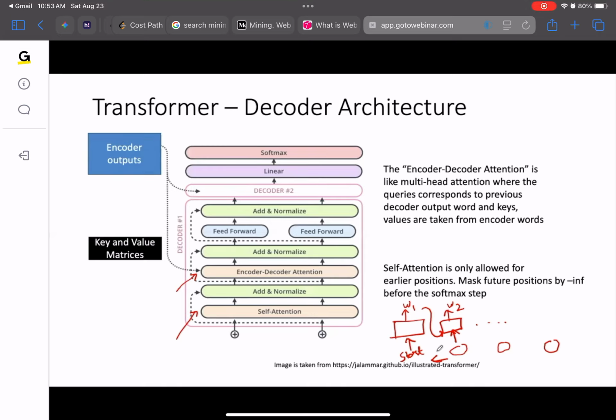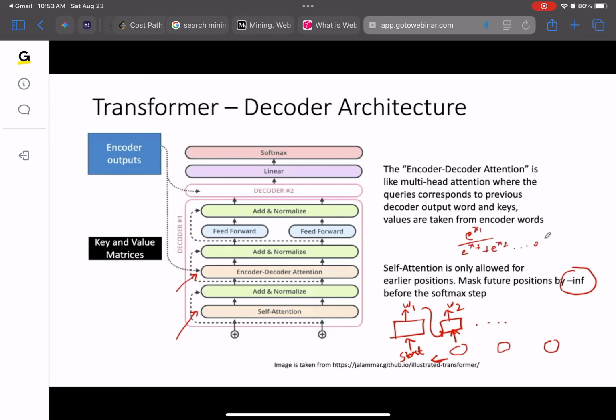What we do is we have a process called masking, masking of future words, where we assign a score value of -infinity to all the future words. Since we assign -infinity, in the process of softmax, the scores associated with all the future words turn out to be 0, because typically in a softmax, we compute e^x1 divided by e^x1 plus e^x2 and so on.